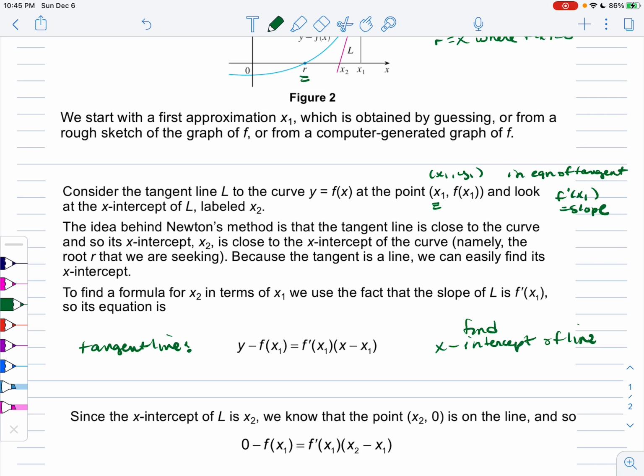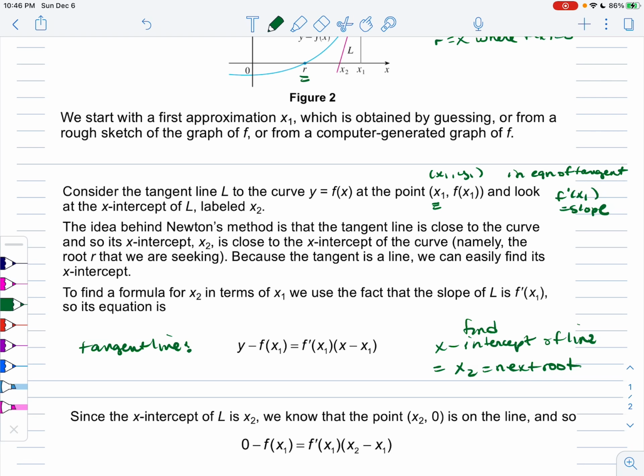So if we find the x-intercept of this line and set that equal to x sub 2, which would be our next root, right? Because, again, the equation of the tangent line at x1 is a nice approximation to our curve, and if it's a nice approximation to our curve, then the x-intercept of that line is going to be a nice approximation for our root. And so that's what we do.